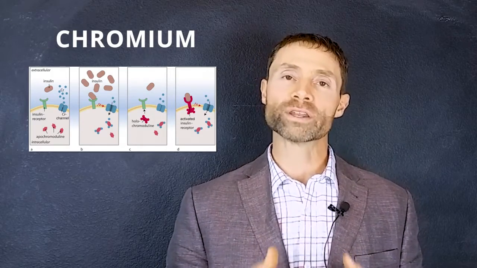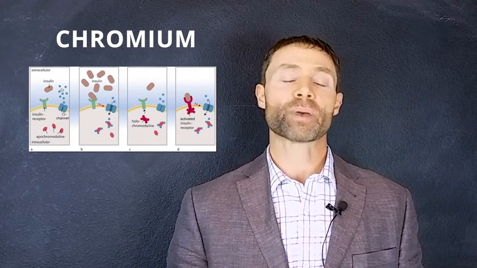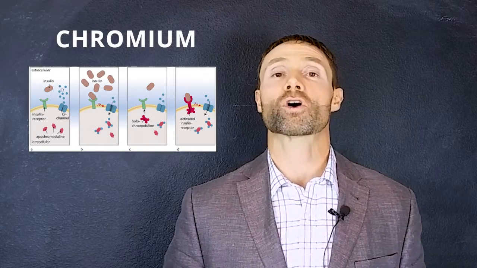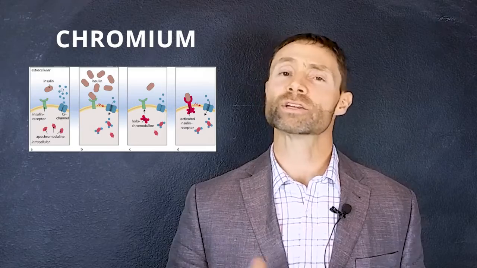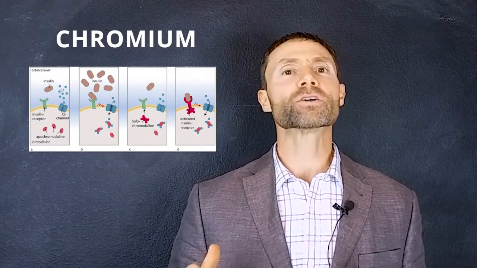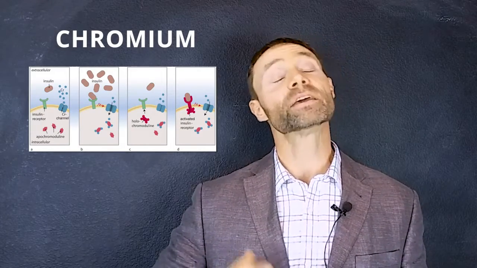Just from that one deficiency, we can set up a very extensive treatment protocol for that patient. But this is one example, and it's one nutrient. And there are other nutrients that have the exact opposite type of interpretation when we're looking at them individually. Let me offer an example here as well.